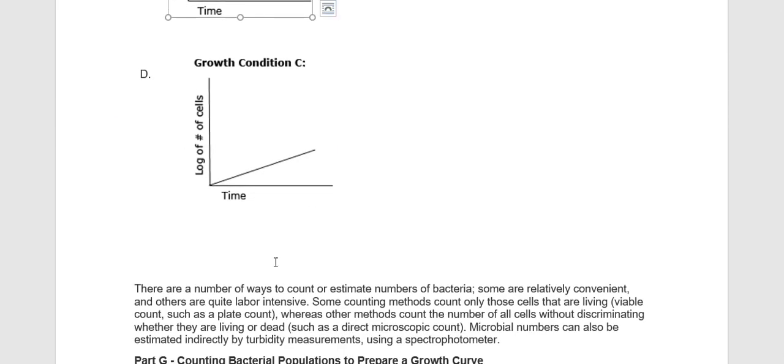And then when we look here, we have option D, and this is where the time is increasing. The number of cells isn't actually increasing, it's the amount of time, and that's what we wanted. So letter D is our correct answer there, the condition that results in the longest generation time.